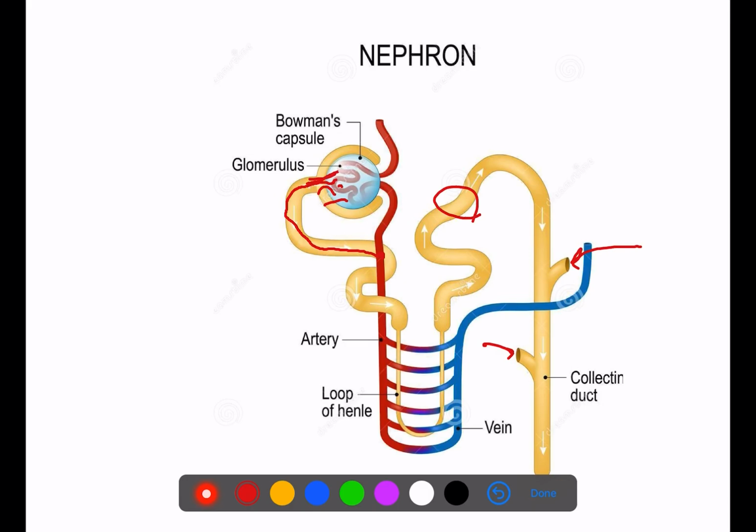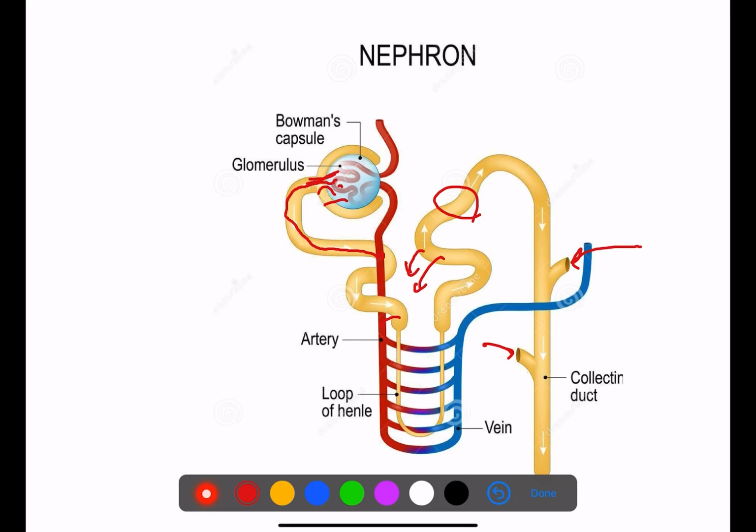The descending and ascending tubules reabsorb this material from the filtered urine and then reconcentrate the urine before it travels to the collecting duct and is exported.